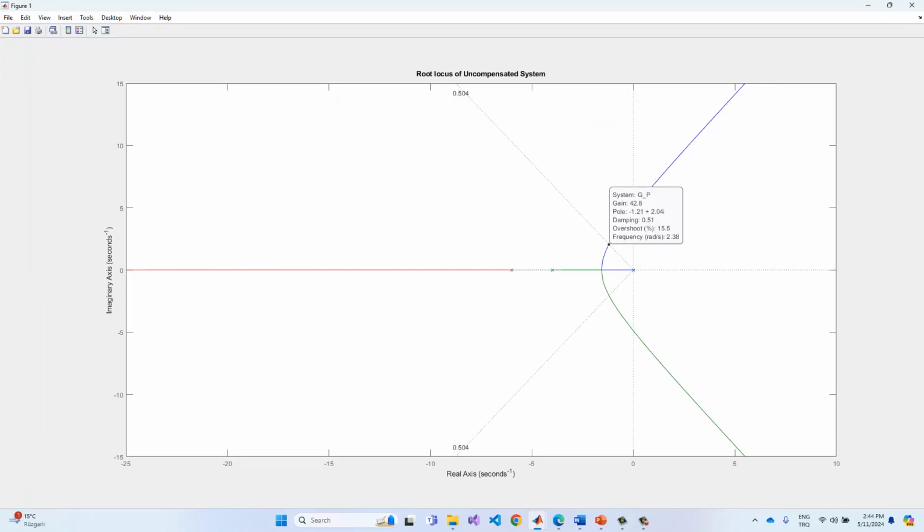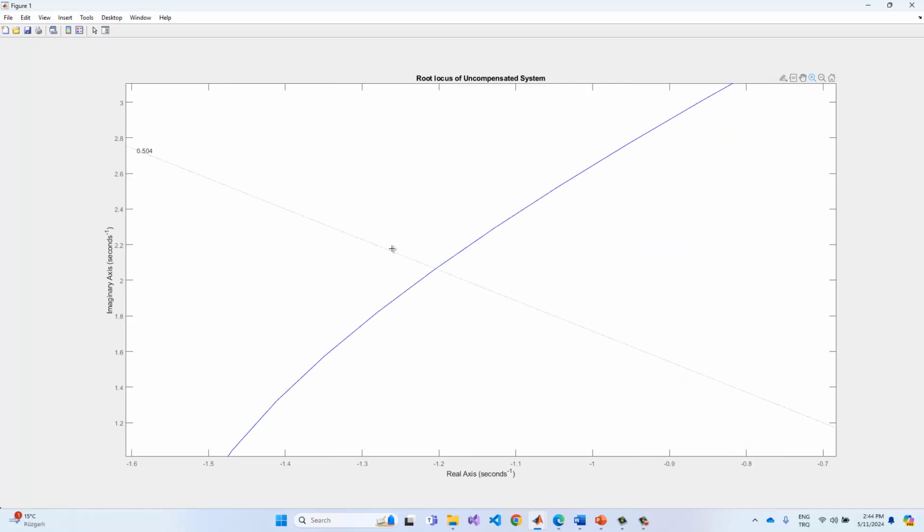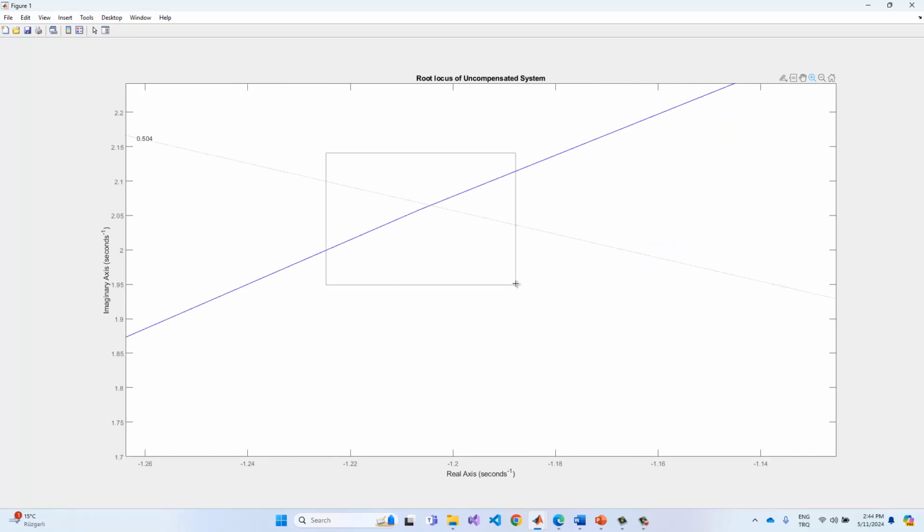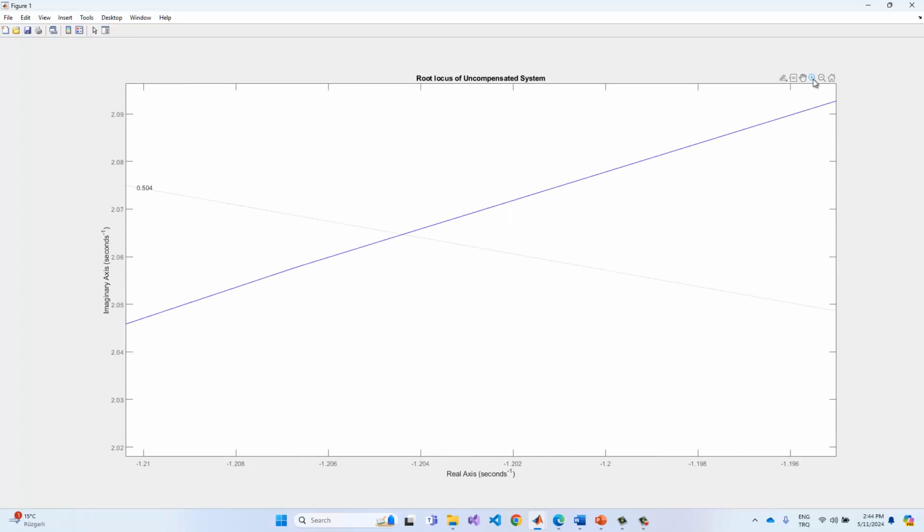This is equal to around 42.8, but in an exact manner we can close in on the values of these terms. This is equal to 43.4, and the pole is equal to what?